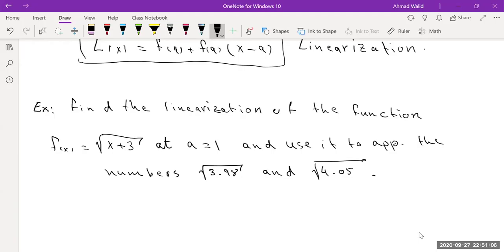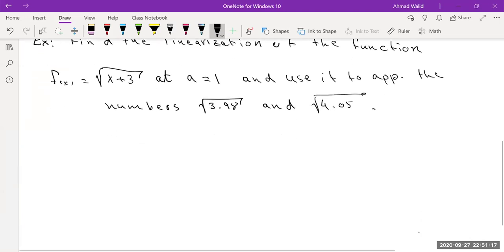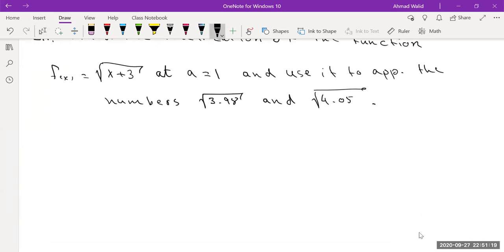Correct? First, they're asking you to find the linearization of the function. To find the linearization of the function, your formula is L of x equals f of a plus f prime a times x minus a, right?